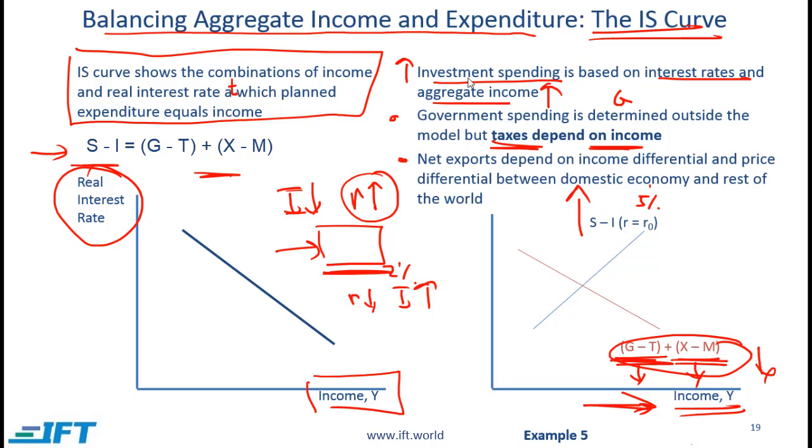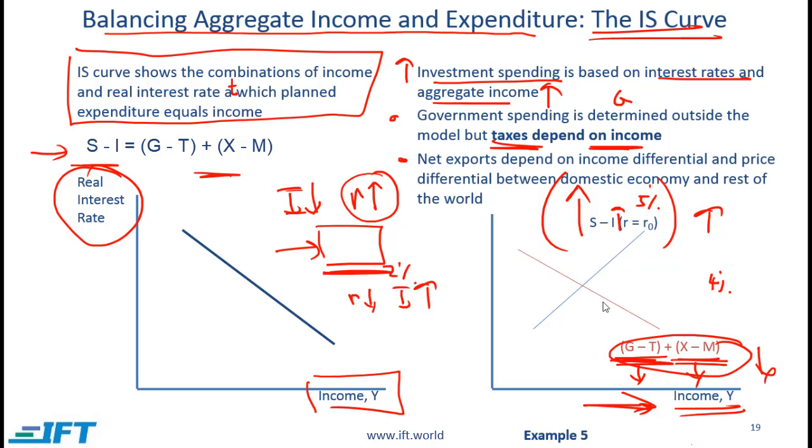We've already talked about the fact that investment spending also goes up, but we will assume that investment spending doesn't go up by as much. So overall, as income goes up, S minus I will go up at a given interest rate. Therefore, S minus I has a positive slope.